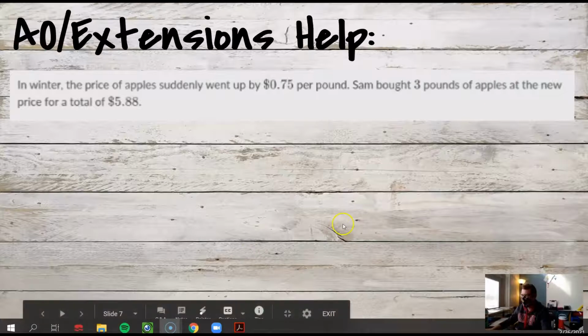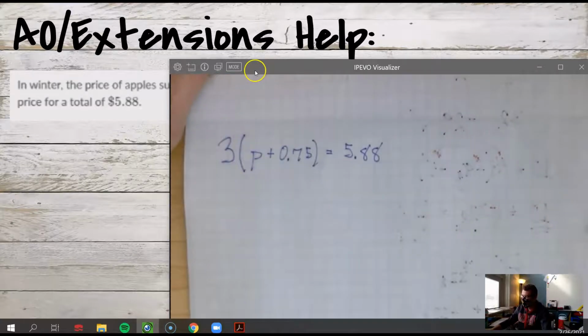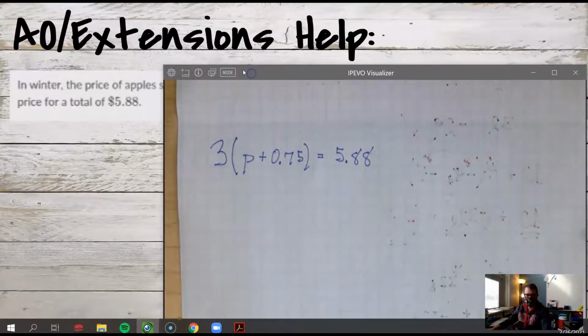I think it was at the bottom left of one of our notes pages. I'm like, that could be totally wrong. I just, for some reason, I'm thinking that's what it was. I only remember it because Sam is the name of one of Mrs. Goldring's sons, so I was thinking about Sam buying apples.